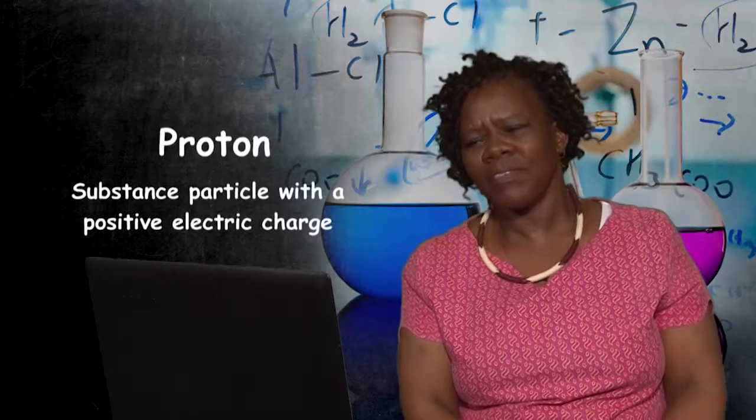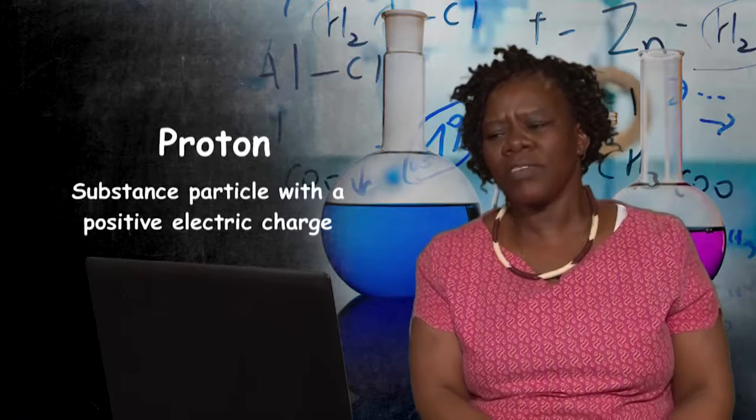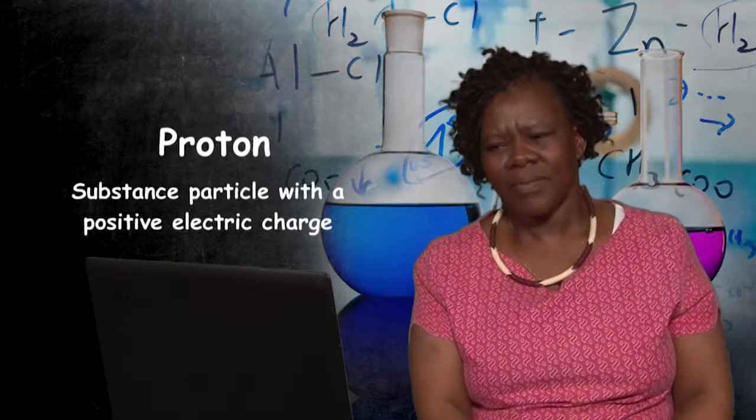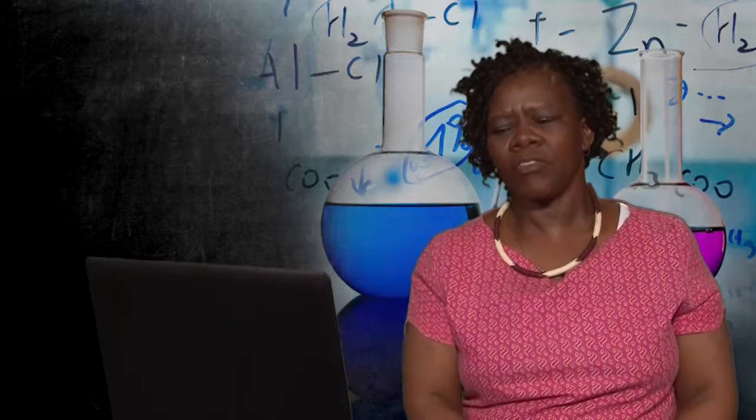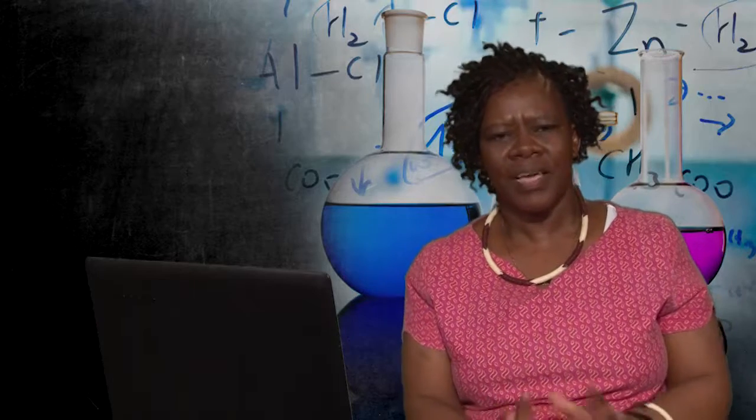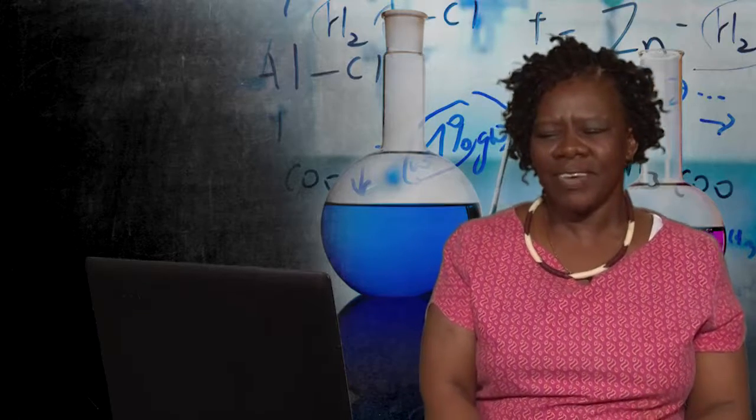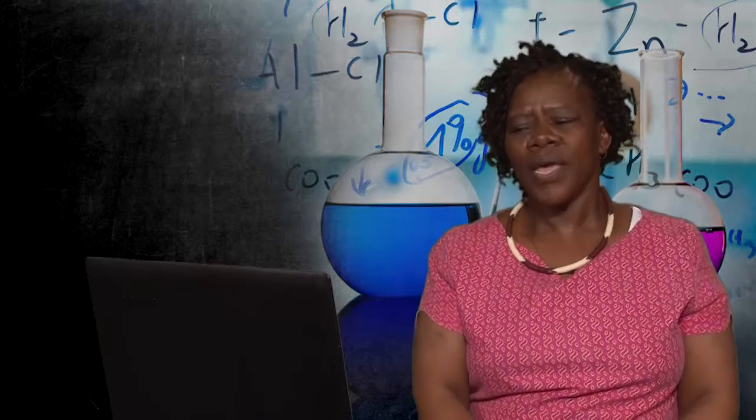A proton is a particle with a positive electric charge. A donor, as I've said, is one that contributes something. The one that accepts, which is a base, is called an acceptor. Then we have to distinguish between a strong acid and a weak acid.